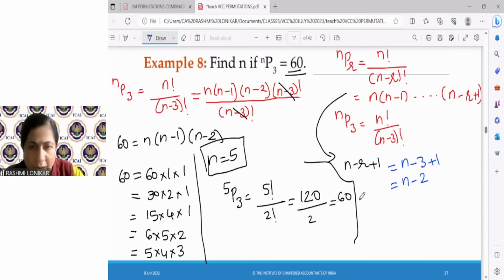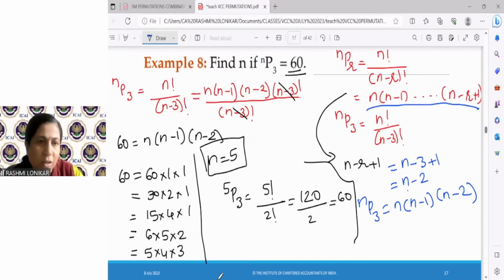So for nP3, using the second formula, I have to go from n into n minus 1, up to n minus 2. This is equal to n into n minus 1 into n minus 2. Same formula I've got, and you have to solve this and get the answer.